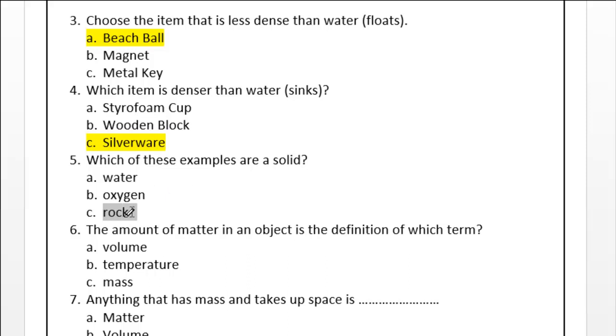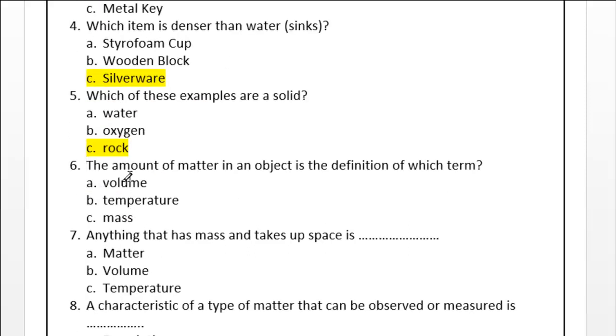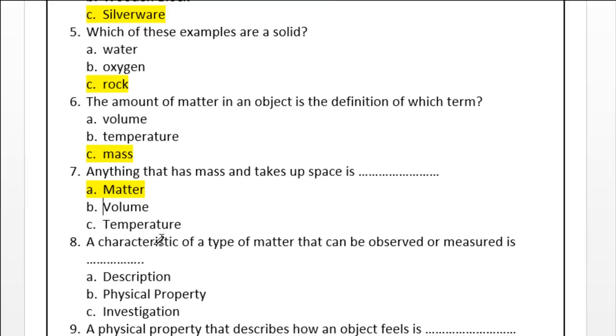Yeah, that's right, rock. The amount of matter in an object is the definition of mass. Yeah, that's right, mass. Anything that has mass and takes up space, that's right, matter. Matter is anything that has mass and takes up space.